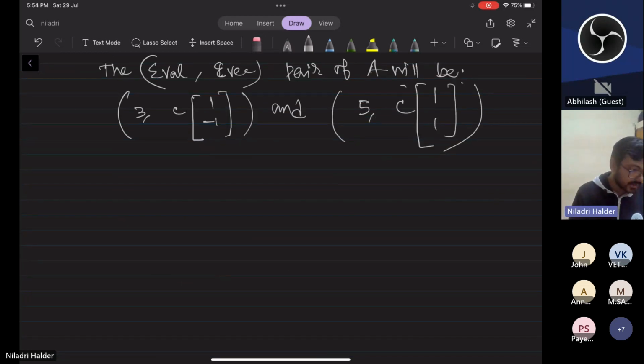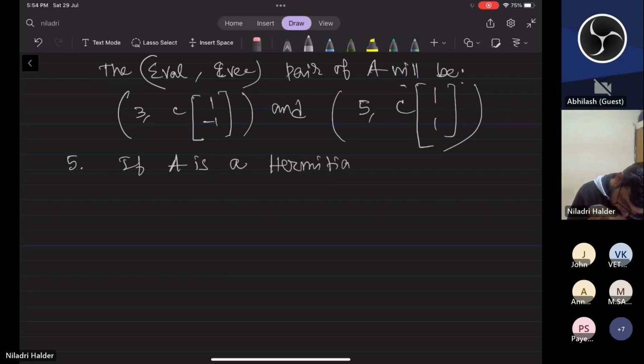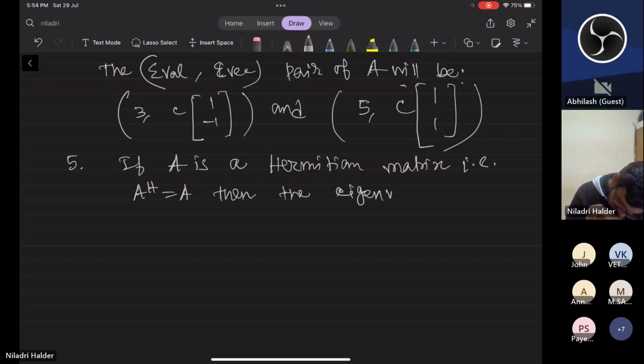And the next question is: if A is a Hermitian matrix, that is A Hermitian equals A, then the eigenvalues of A will be real.